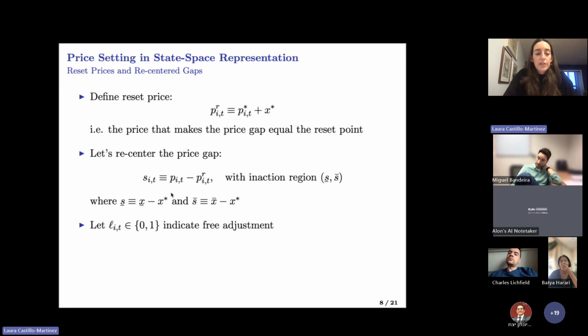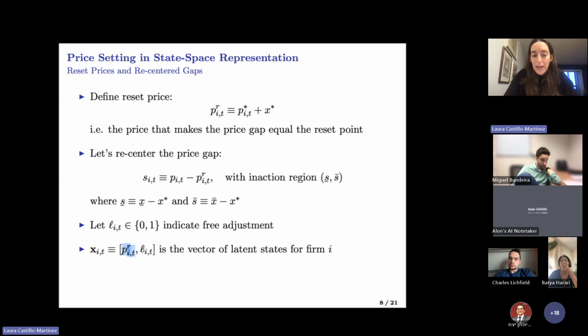An additional notation, we're going to be using LIT as a dummy variable indicating whether the firm receives a free adjustment opportunity or not. And then we're just going to collect some of the terms. First of all, I'm going to look at a vector of latent states. What are the latent states here? The first and obvious one is going to be the reset price.